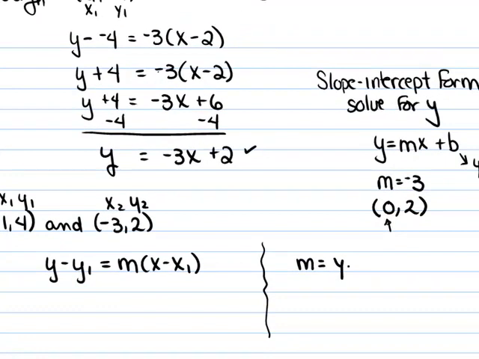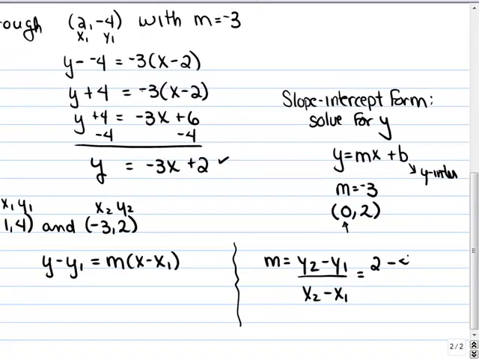And to do that, we use the slope formula, y2 minus y1 over x2 minus x1. Plug in your numbers and come up with a slope. So we have 2 minus 4 over -3 minus 1, or -2 over -4.